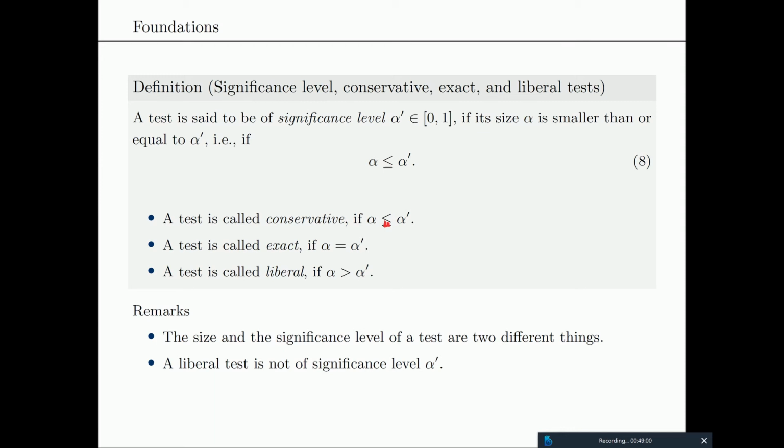Of course, people don't necessarily like conservative tests, because you are even less prone to find something if you use a conservative test based on the significance level that you define. But keep these two concepts separated.